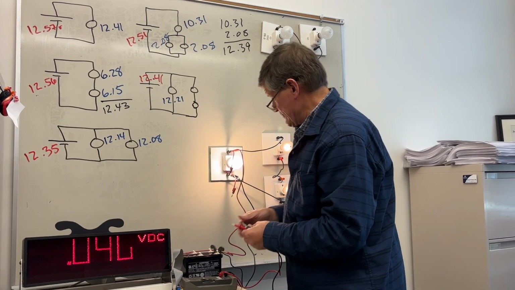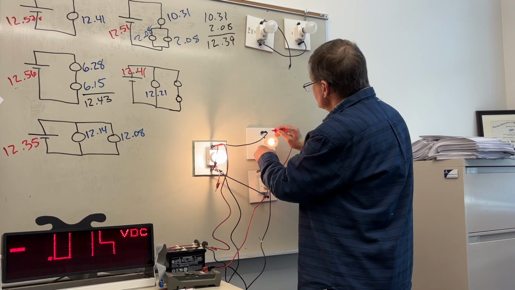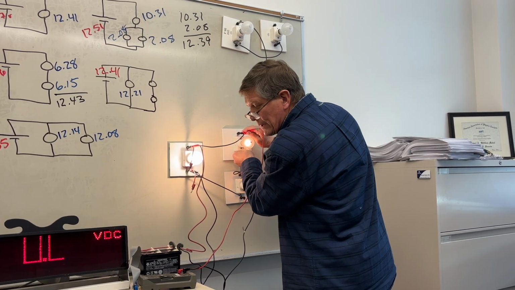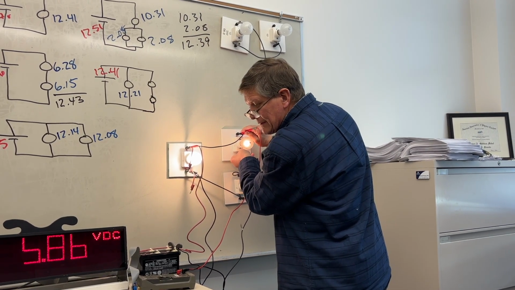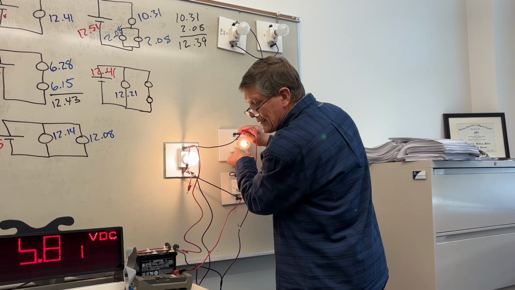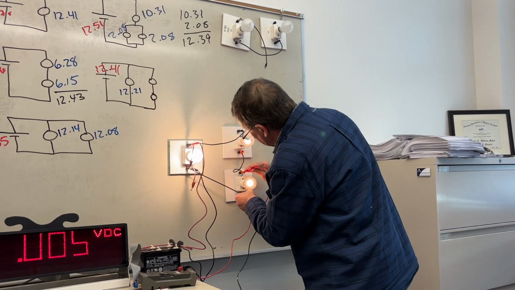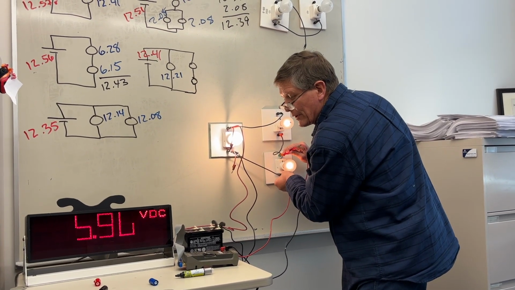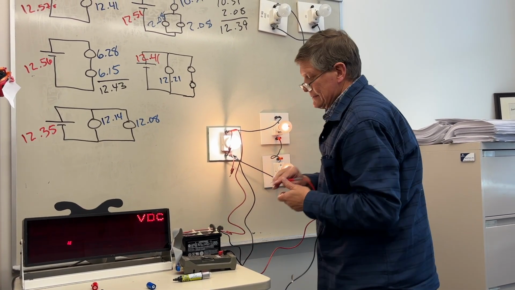And now we measure across the two bulbs in series, and we get 5.88, 5.89, and 5.9. Very nice.